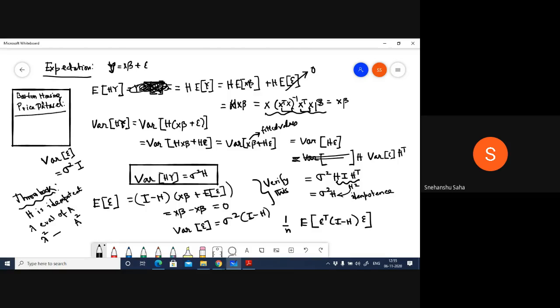Let me know what you think, because this is a typical multiple linear regression model, where this X is actually multivariate, in the sense that you have x1 to xn, a bunch of variables.